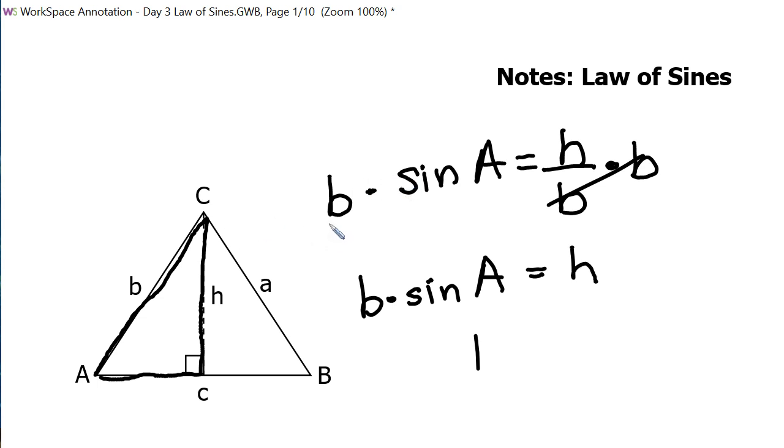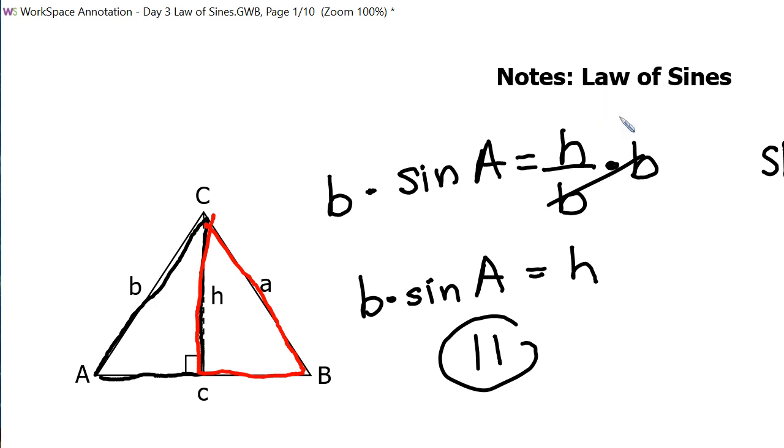Now, pause button. Leave that equation alone for a minute. Now we're going to look at the right triangle on the right side. So now I'm looking at this right triangle in red. Now I want to find the sine for angle B. So what is the side opposite of angle B?